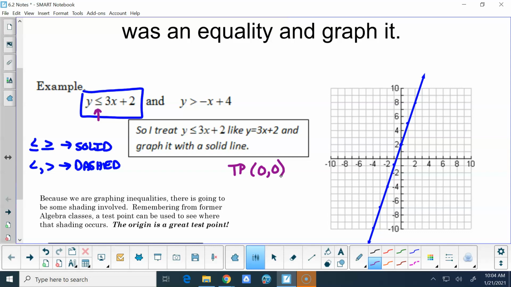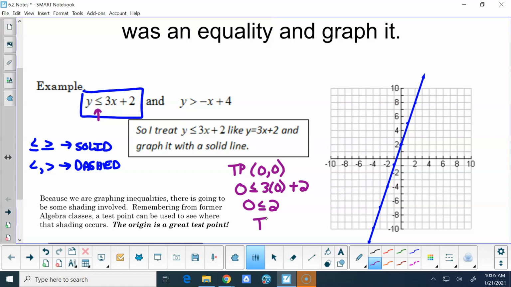So we're going to test the origin. I'm going to put it back into my original inequality. 0 less than or equal to 3 times 0 plus 2. 3 times 0 is 0, plus 2 is 2, so this inequality is 0 is less than or equal to 2, and that is a true statement.